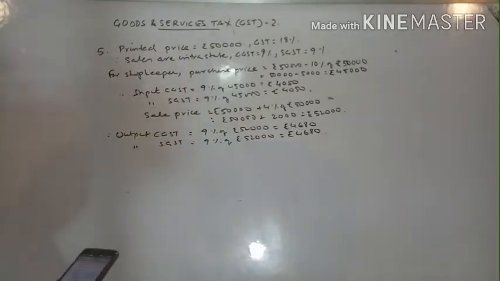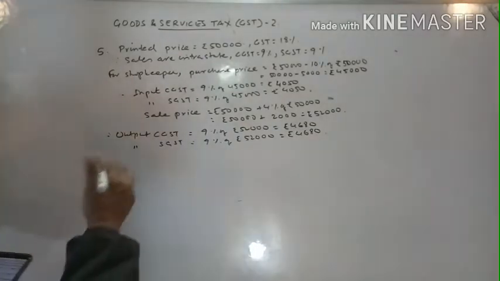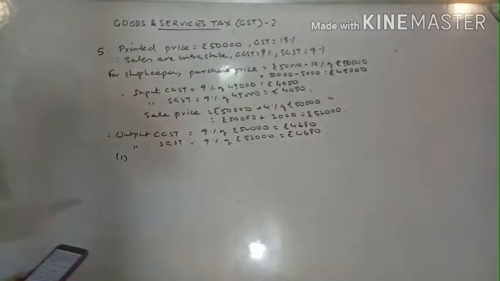Now after finding output, look at the question. Question number 1 says the amount inclusive of tax under GST which the shopkeeper pays. So how much does the shopkeeper pay including tax?